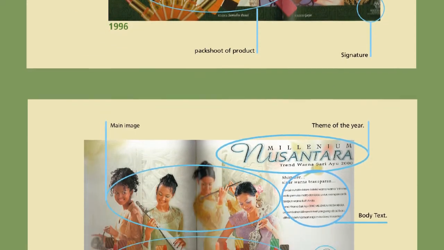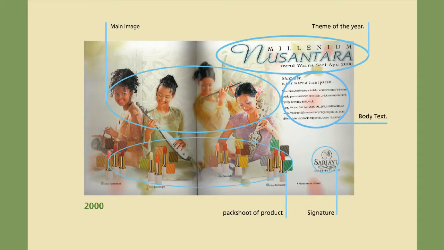In the years 2000 and 2011, Sari Ayu was featuring 4 women as the main image. Therefore, the main image is spread across recto to verso page. As an example, here is the printed ad from year 2000.